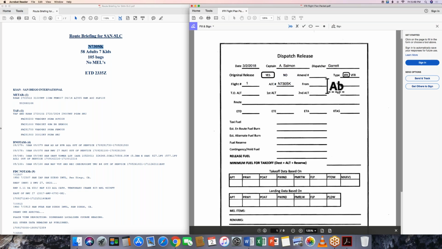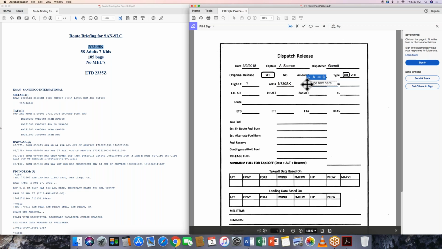I have to put the N number in there, it just bothers me when it's not in there. The reason why some people don't put the N number in there is the N at the beginning is always implied.